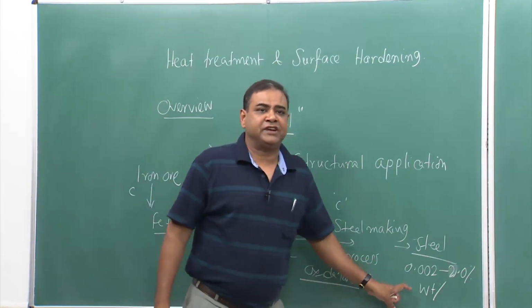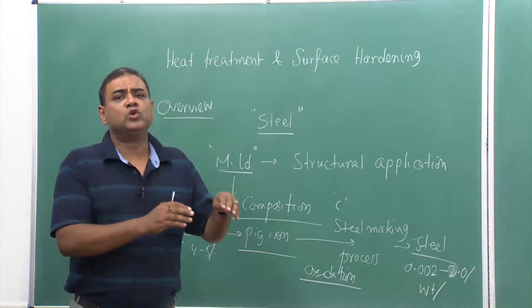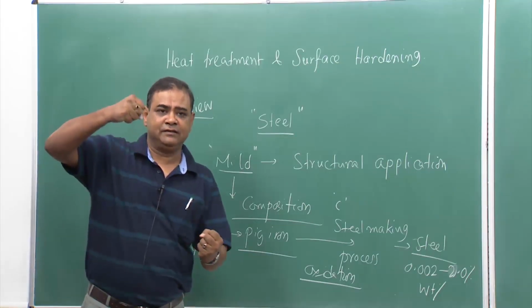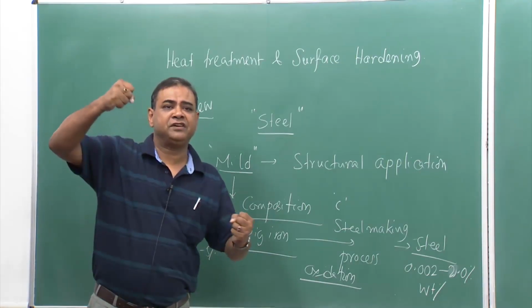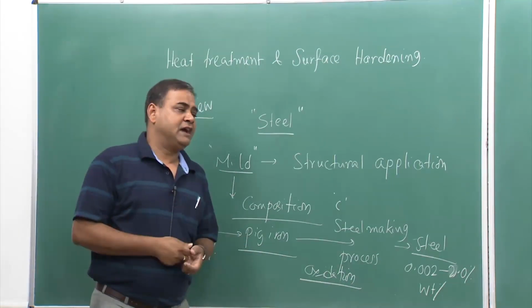Because its yield strength as well as tensile strength are on the lower side, and the percentage elongation, that means when you draw it, the uniform elongation you can provide to that particular steel would be very, very high.